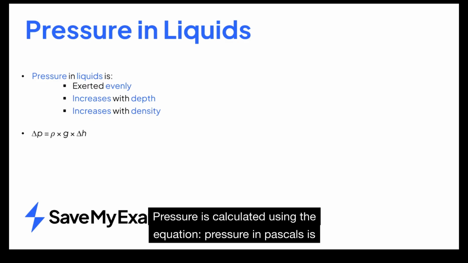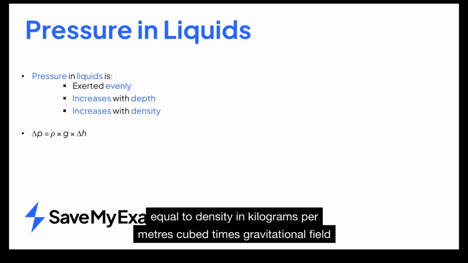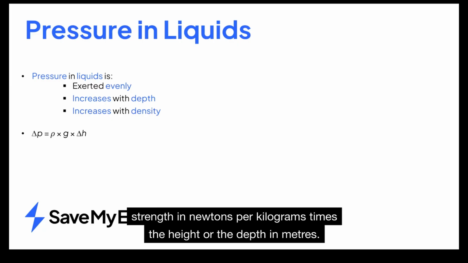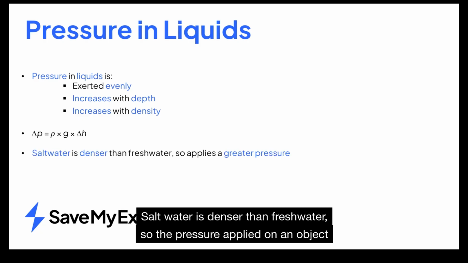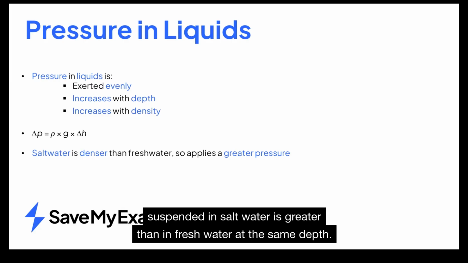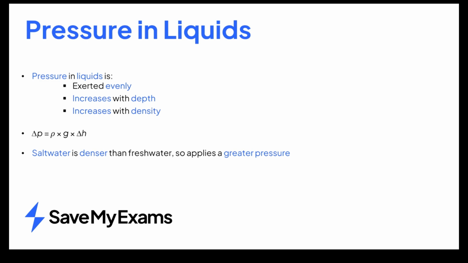Pressure is calculated using the equation: pressure in pascals is equal to density in kilograms per meter cubed times gravitational field strength in newtons per kilogram times the height or the depth in meters. Salt water is denser than fresh water, so the pressure applied on an object suspended in salt water is greater than in fresh water at the same depth.